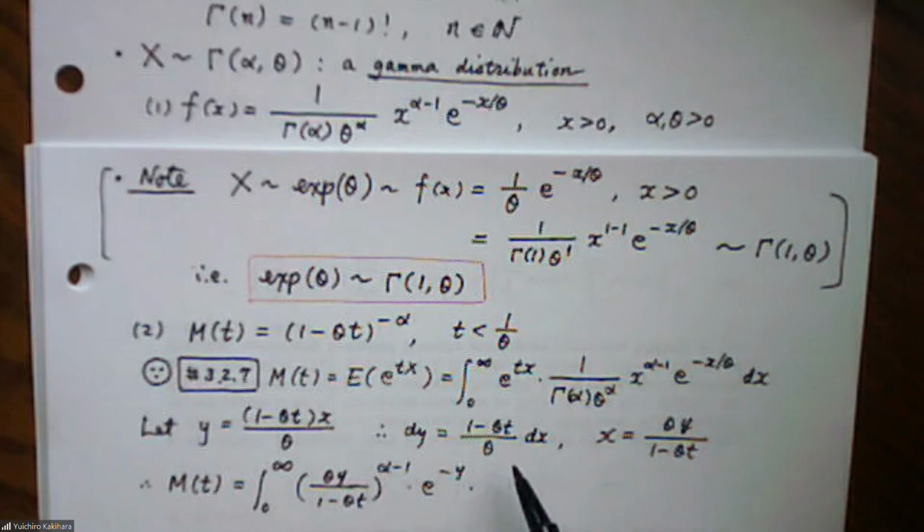And then also we have to take care of the constants. Constant is this 1 over gamma alpha and then theta to the alpha. And then the dx part. That means we have theta over 1 minus theta t times dy.